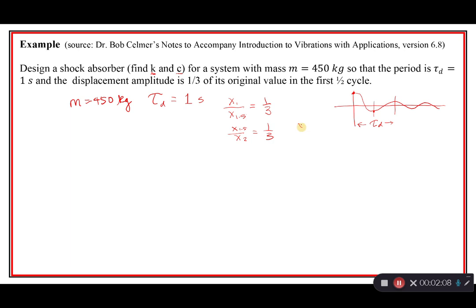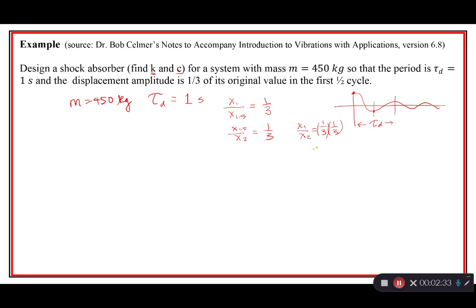So if we do that, therefore, x1 over x2 is going to be equal to 1/3 times 1/3, right? Because if you multiply them, you'll cancel out the 1.5 right in there.